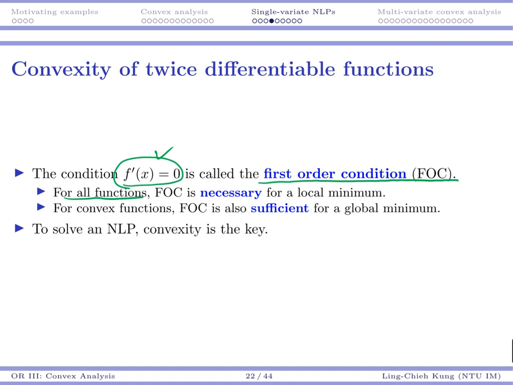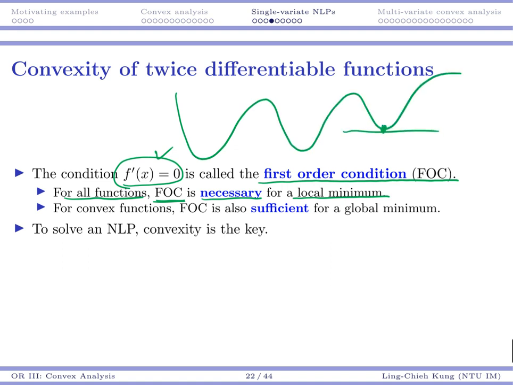For all functions, the first order condition is necessary for a local minimum. No matter what your function looks like, if a point is a local minimum, it must satisfy the first order condition. And if you have a convex function, something like this, then the first order condition would also be sufficient for a global minimum.